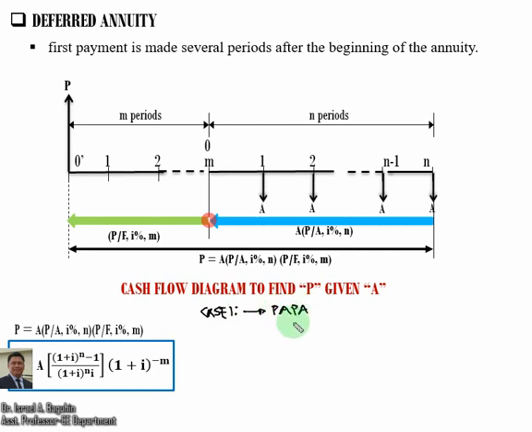When we use case number 1, P is equal to the annuity times the quantity 1 plus I raised to the N, minus 1, all over 1 plus I raised to the N times I.